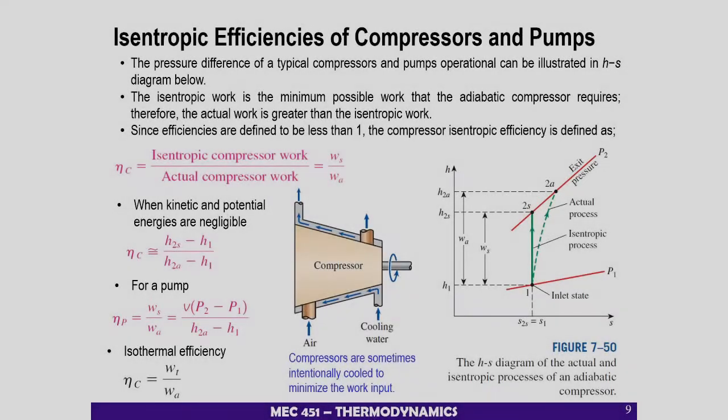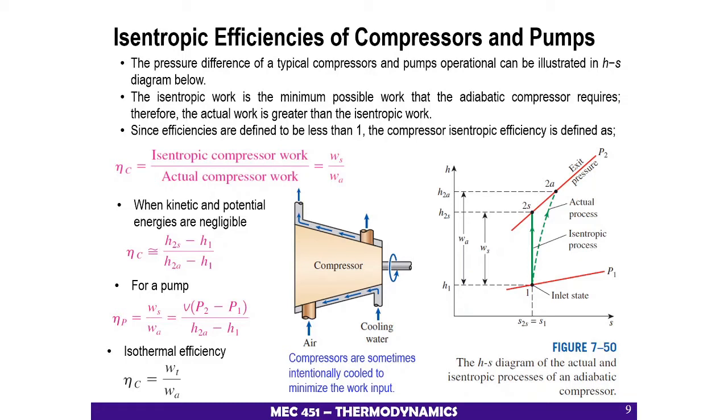Isentropic efficiency of compressors and pumps. The pressure difference of a typical compressor and pump operation can be illustrated in the entropy diagram below. So this is your diagram. The isentropic work is the minimum possible work that the adiabatic compressor requires. Therefore, the actual work is greater than the isentropic work.